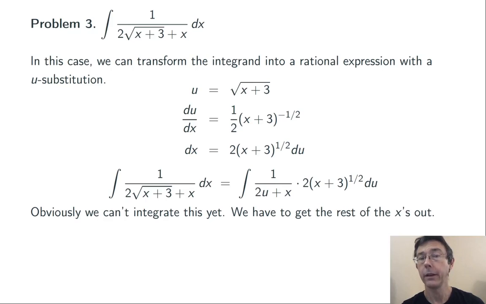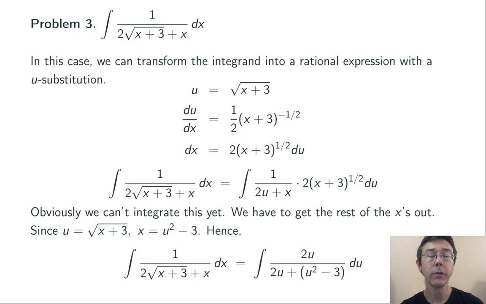Now, part of it here is easy. I have the x plus 3 to the 1/2. That's the square root of x plus 3. That's just u. To get the other x out, the one in the denominator, 2u plus x, I want to take my u substitution, u equals the square root of x plus 3, and solve it for x. I square both sides, I subtract 3, and I get x is u squared minus 3.